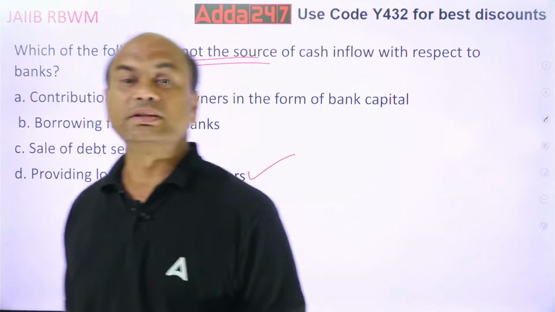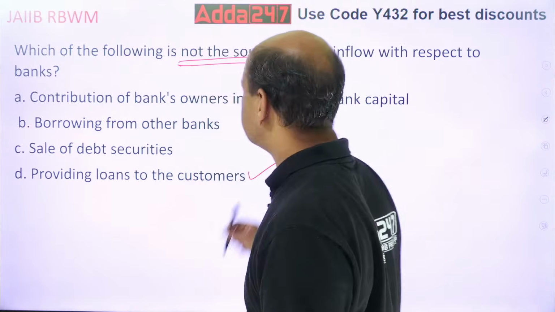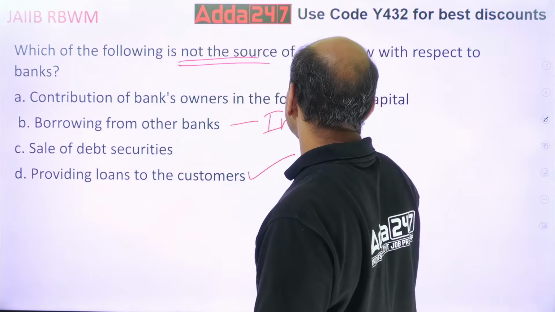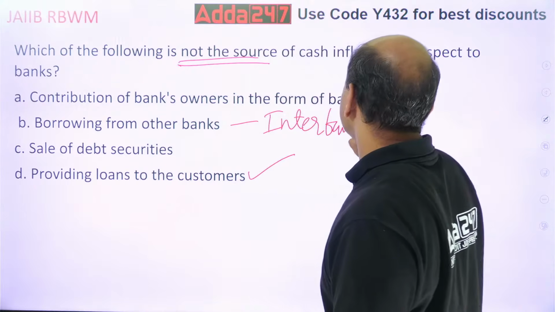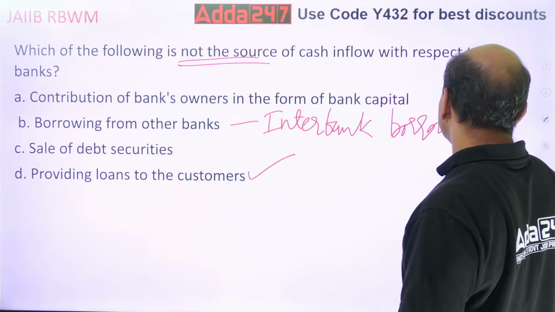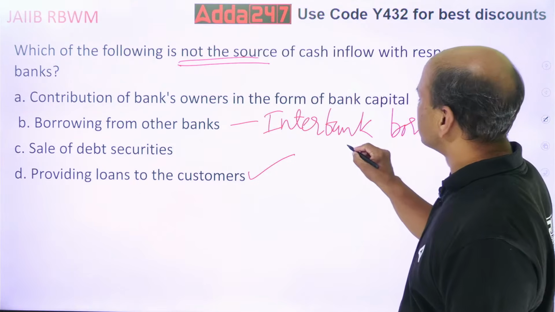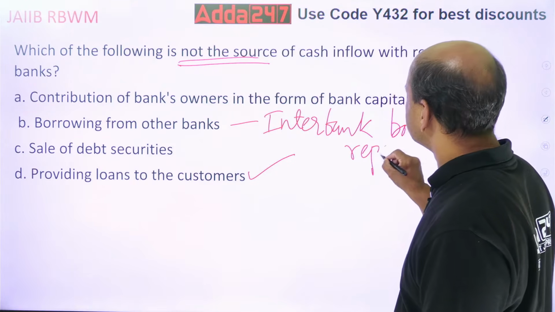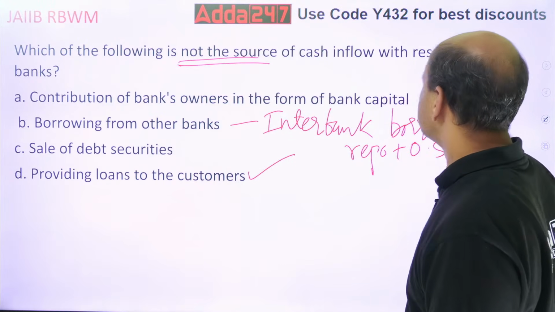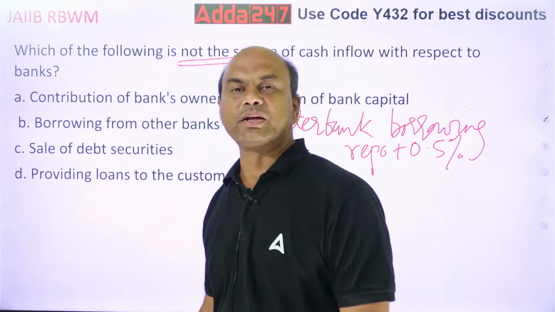That is called interbank borrowing. This borrowing is generally done at repo plus 0.5%.